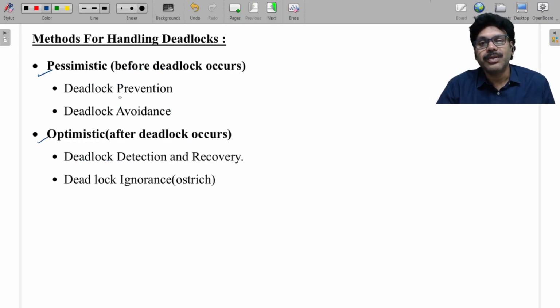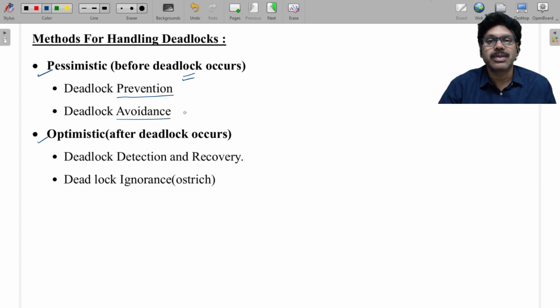In pessimistic, you directly do deadlock prevention and avoidance, which means they are handled before deadlock occurs. Optimistic is after deadlock occurs. It is deadlock detection and recovery, and deadlock ignorance using the ostrich approach.